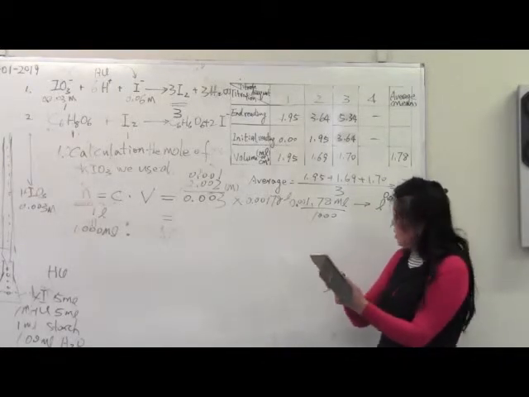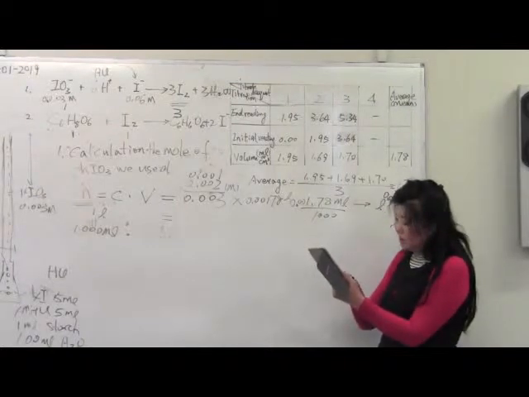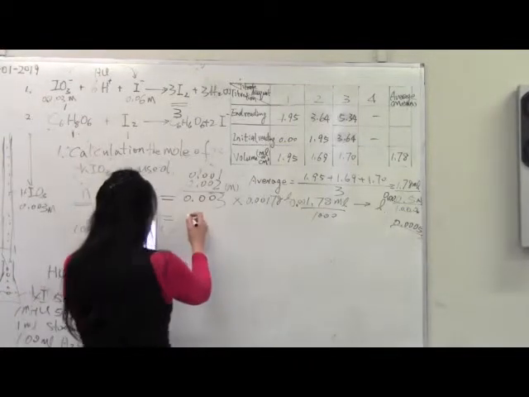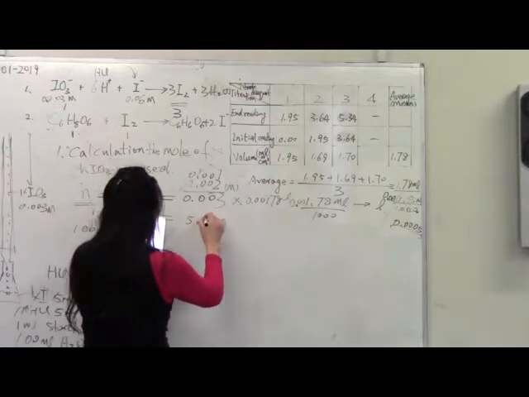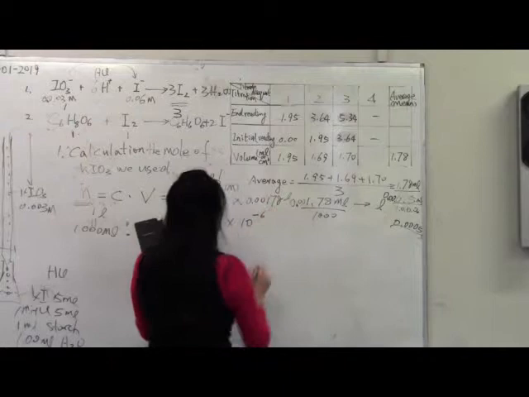So I've got 0.50. Okay, now with the calculator we use 0.003 times 0.00178 equal to, that is, the calculator would tell you 5.34 times 10 to the minus 6.